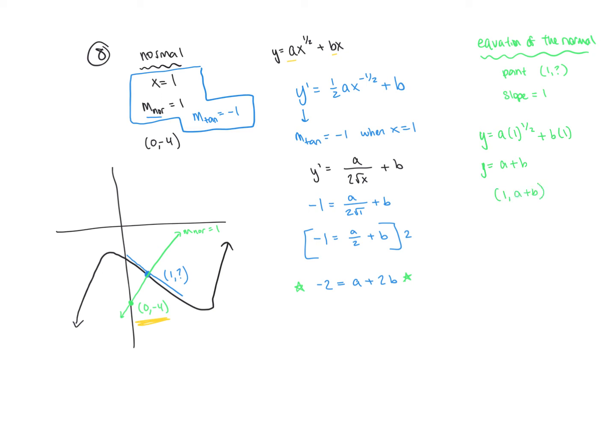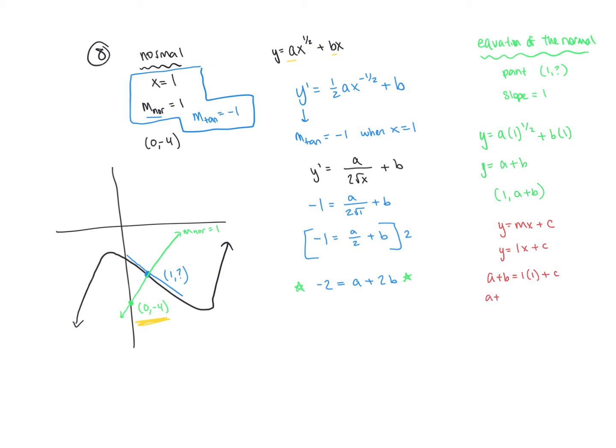Now we have our slope and our point. Let's write our equation in the form y equals mx plus b. But since we already have the variable b, I'm going to call the y-intercept c, so we don't get confused. Our slope is 1, our y value is a plus b, and our x value is 1.